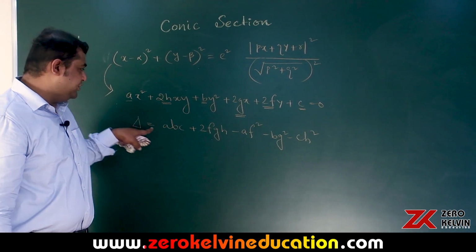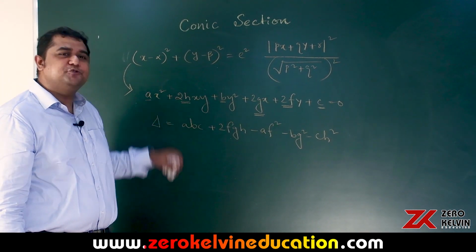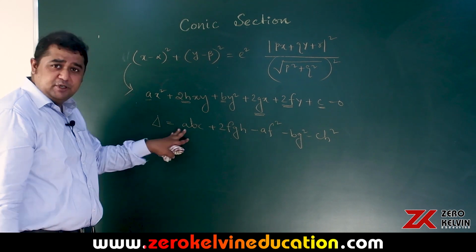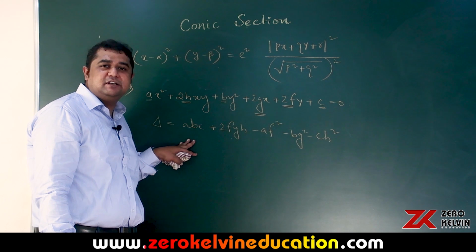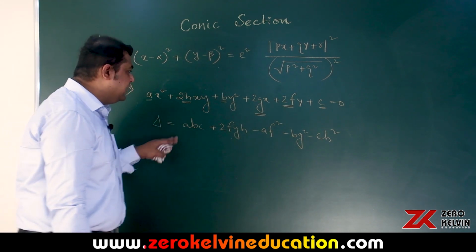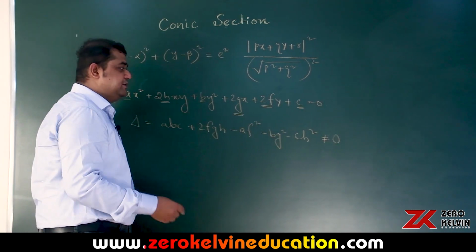This expression which stands for delta, you can also consider as the discriminant of this two variable quadratic. It has actually been derived from a determinant that we have already discussed in the pair of straight lines section. So, this delta value has to be non-zero, that is the necessary condition.